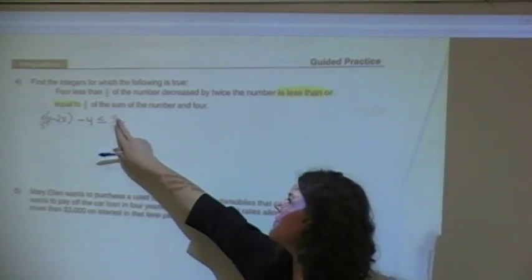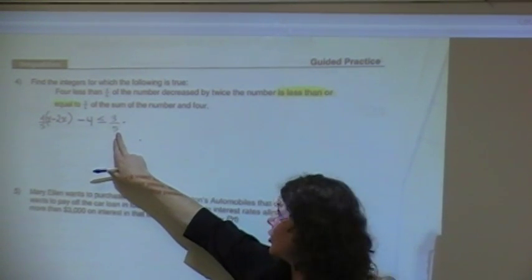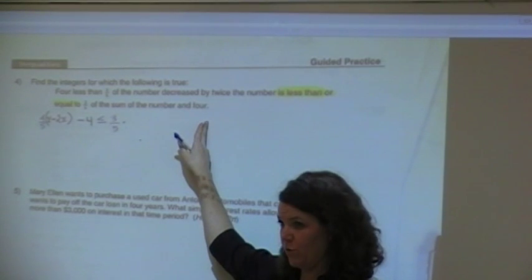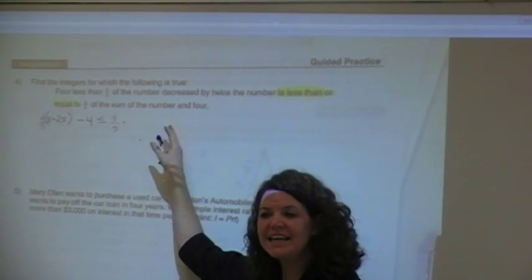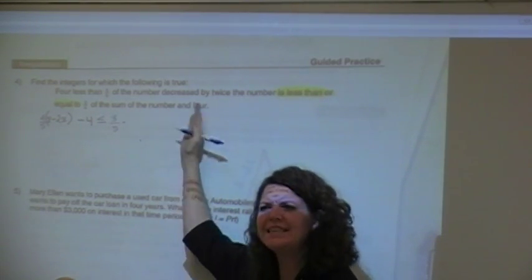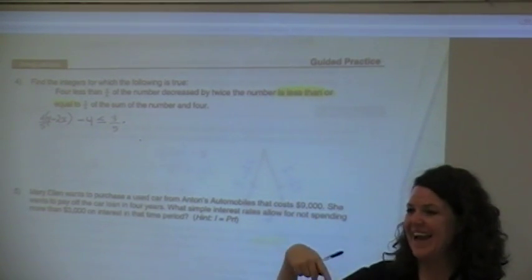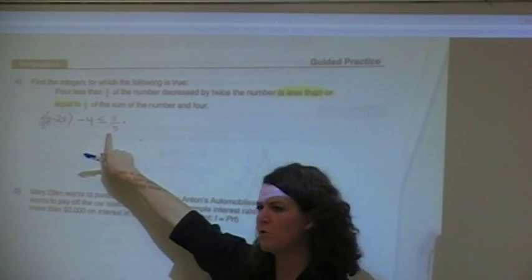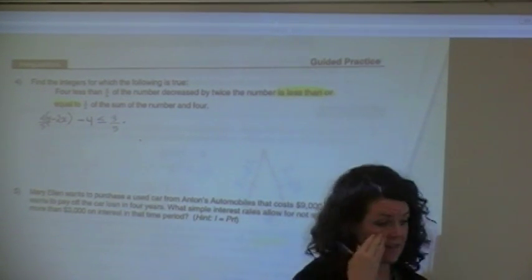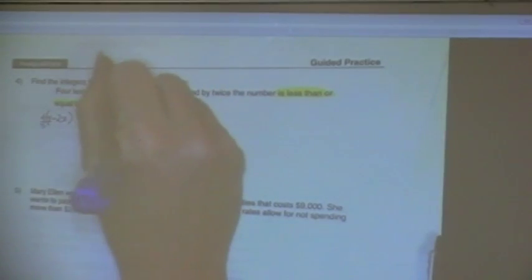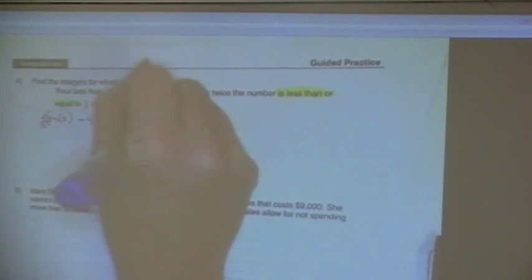So I'm going to multiply 3/5 times the answer to the number and 4. That means I have to perform the addition first, because I have to get the answer. So how am I going to indicate that the addition has to happen before the multiplication? Parentheses. So we're going to put that in as (x plus 4). Now you have your inequality set up.